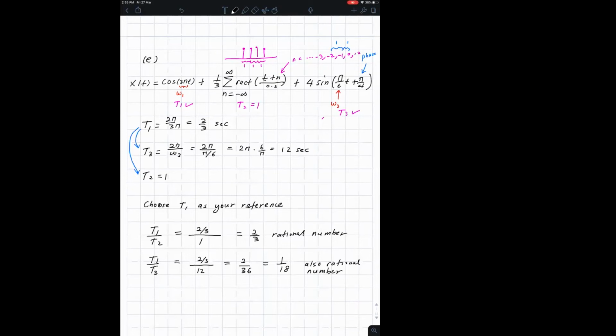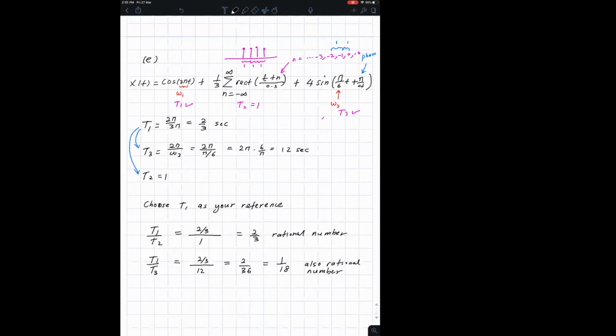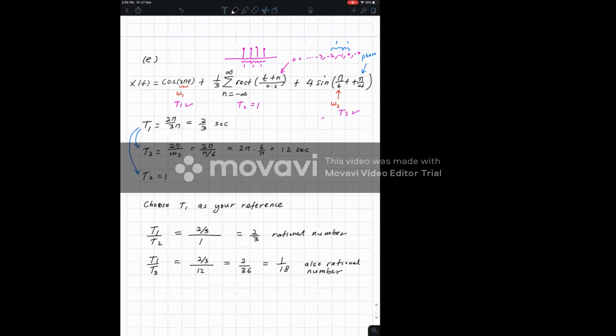Are you asking why I choose T1 as a reference? Yes, what if T2 was 2? If T2 was 2, then you just put 2 here.